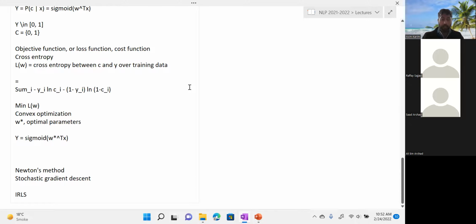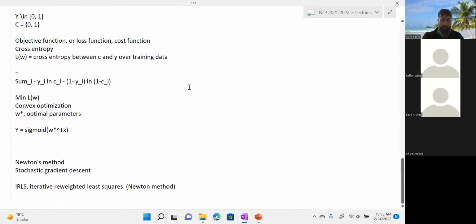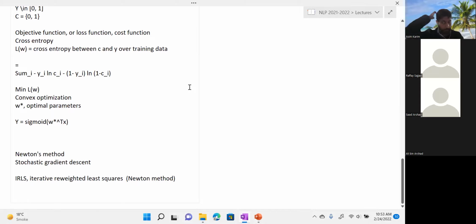These details we typically cover in a machine learning course, so I'm not going to discuss them here. So this basically uses Newton's method for optimization in an iterative way.